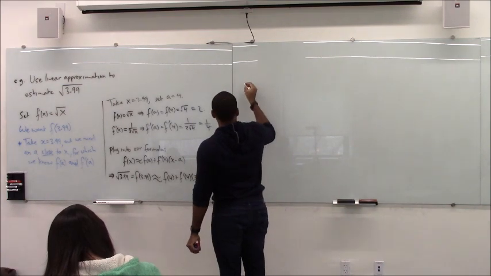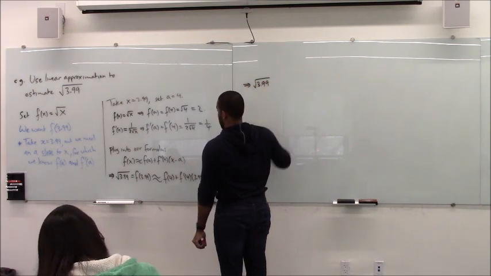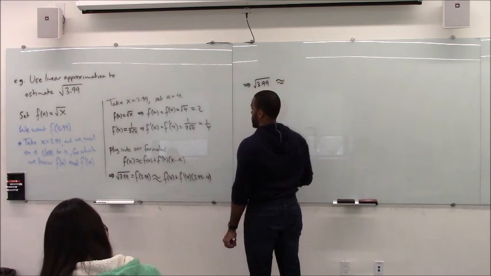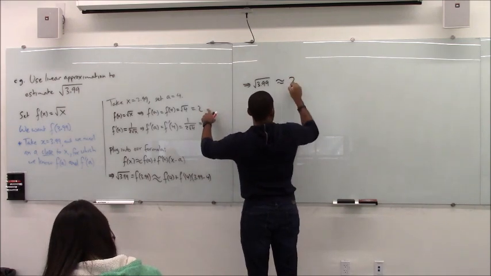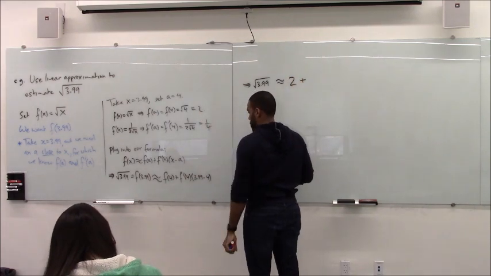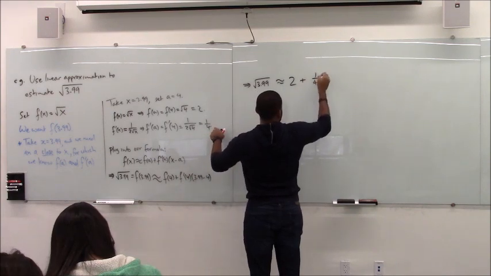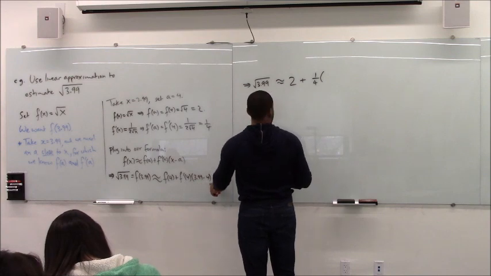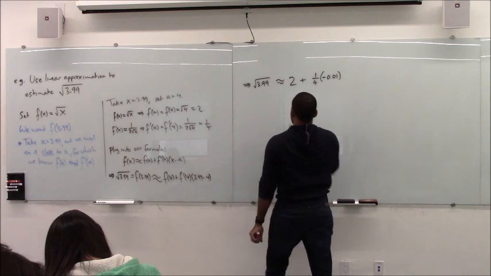So the square root of 3.99 is approximately f of 4, which is 2, plus f prime of 4, which is a quarter, times 3.99 minus 4, which is minus 0.01.